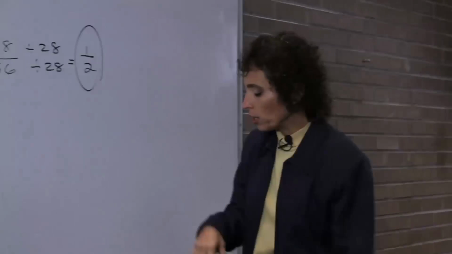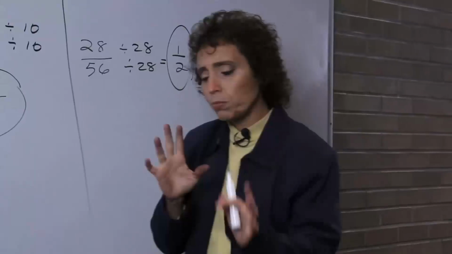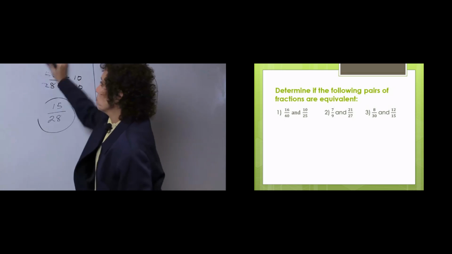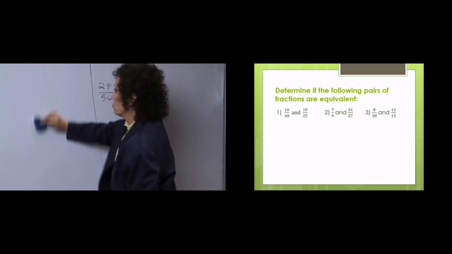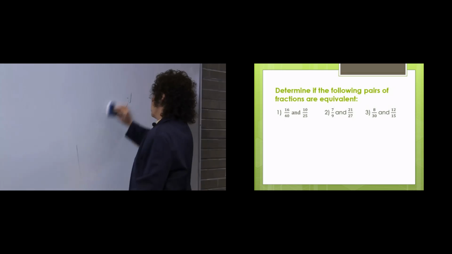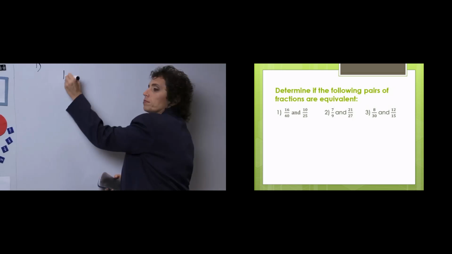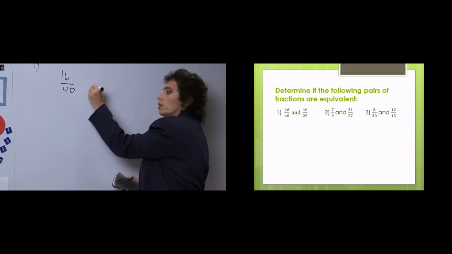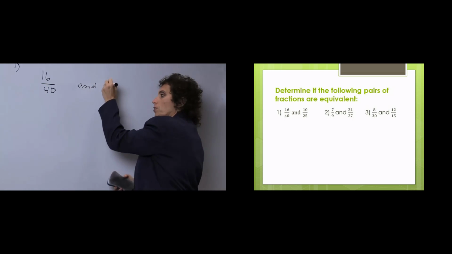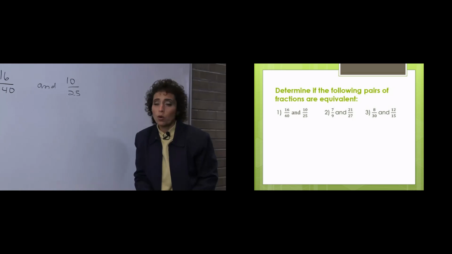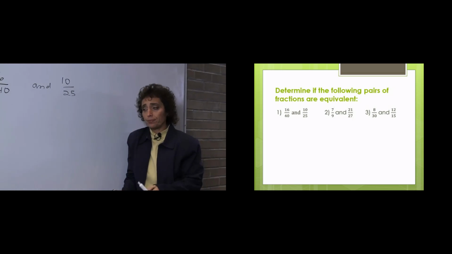Okay, we're going to determine if the following sets of fractions are equivalent. Now, let's take a close look at this, because you might notice something. 16/40 and 10 over 25. We want to know if these are equal. Well, let's think about this for a half a second.